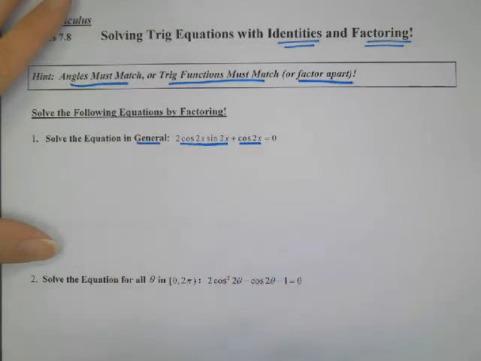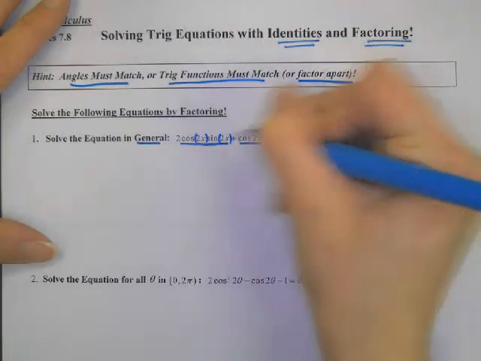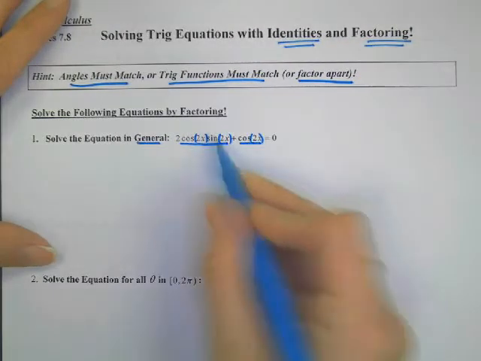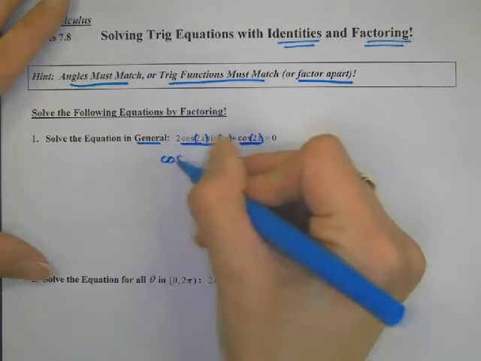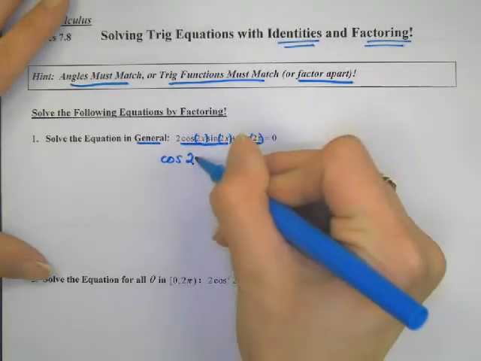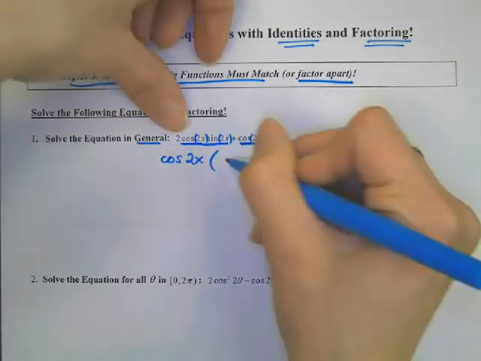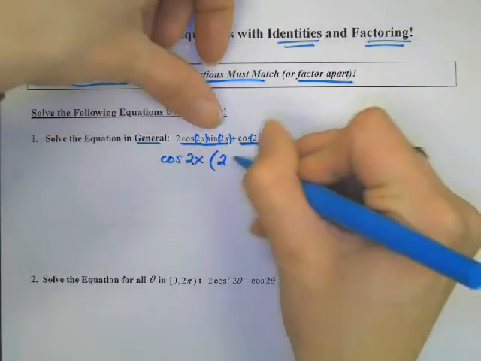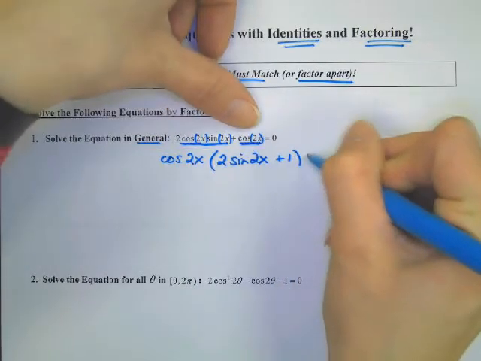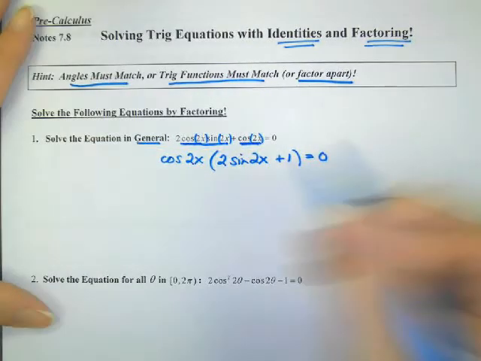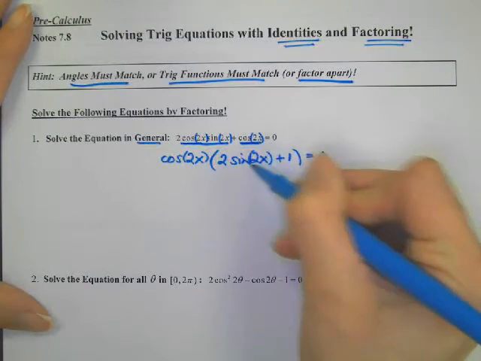What is something that they both have? Remember, we don't change the angle here. We're not going to change the angle, but we are going to factor out cosine of 2x because they both have that. So cosine of 2x gets factored out. That leaves this first term as 2 times the sine of 2x plus 1 equals 0. If you like to put some parentheses around the angle, you can certainly do that.